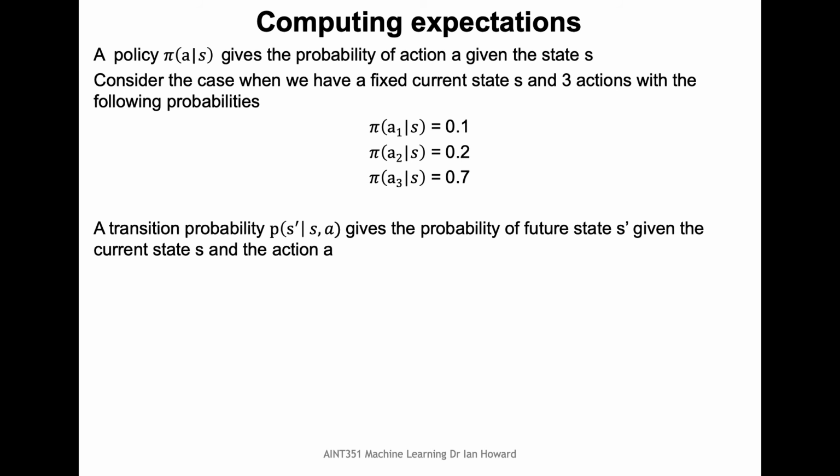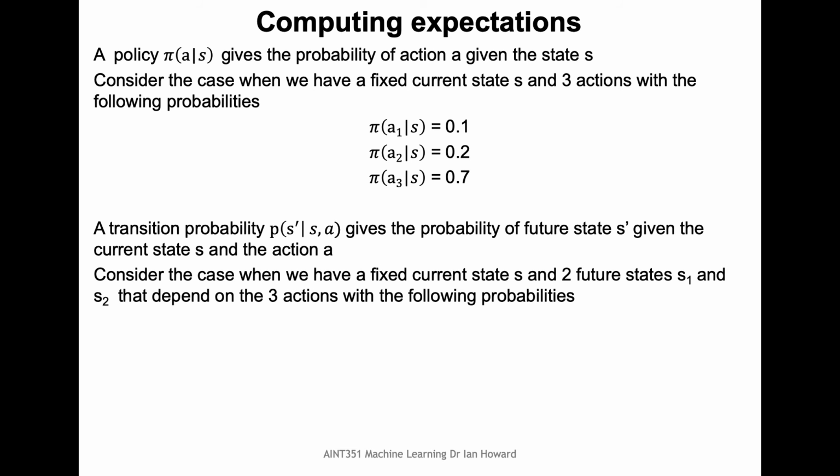So this is the stochastic transition probability representation. We're in a given state, we take an action, and we end up somewhere else with a certain probability. If this was a deterministic function, we'd go to another state with probability 1, but we can still capture that using this representation.